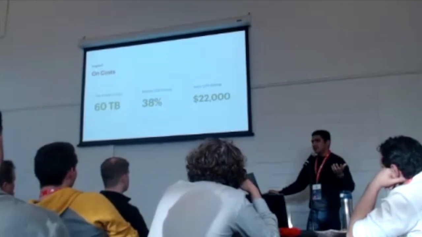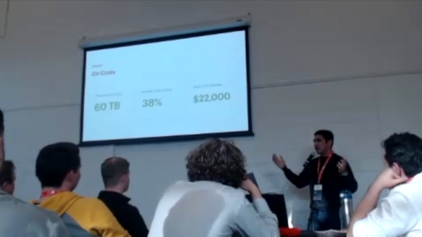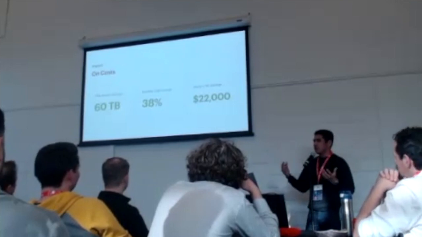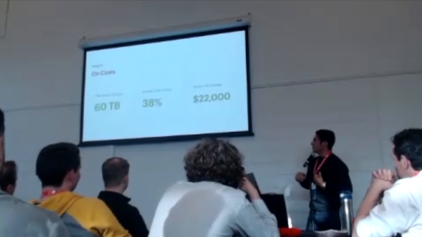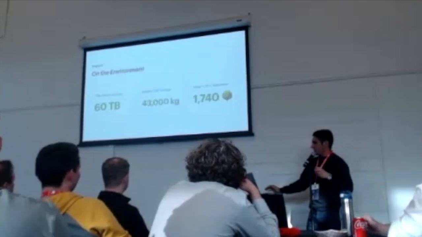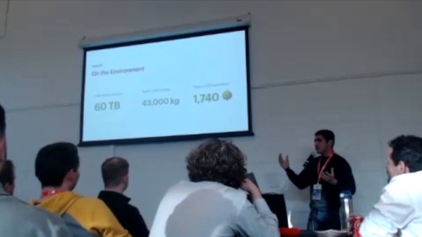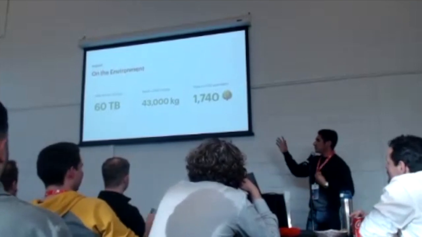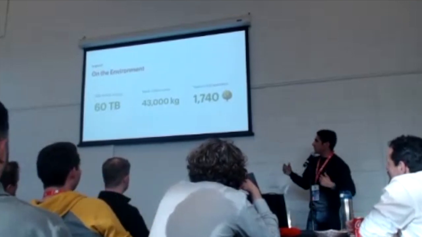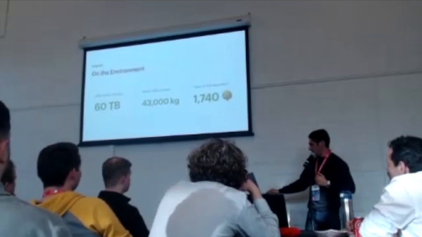It had an impact on cost as well, because reducing that bundle size by a few kilobytes, with these 400 million requests, it means that we're saving 60 terabytes of transfer per month, which reduced our CDN costs by about 22K per year. And then finally, in the environment, transferring those same 60 terabytes contributes about 43,000 kilograms of CO2, which is roughly the equivalent of what 1,740 trees absorb in a year.